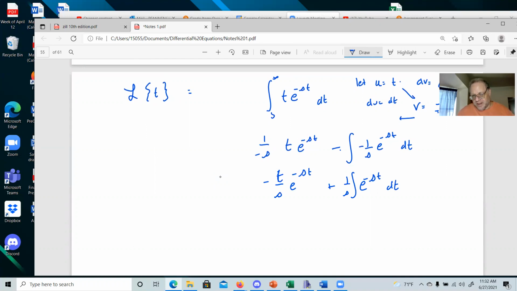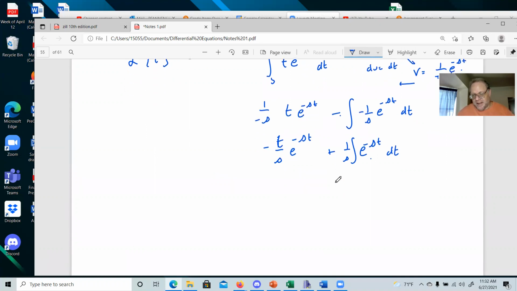Okay, and we still have to integrate this. This is not going to be so bad. This is going to be negative t over s e to the negative st, and again, we're going to have a minus because we integrate, that's 1 over s squared e to the negative st, evaluated from 0 to infinity.